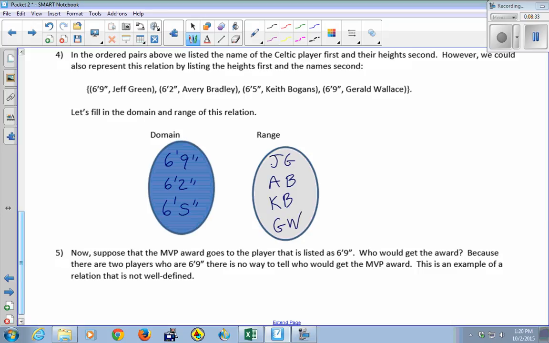Okay. And 6'9" goes with both Jeff Green and Gerald Wallace. So I can draw an arrow to Jeff Green and an arrow to Gerald Wallace. Okay. So when you do this pictorially, arrows always go from the domain to the range. And then 6'2" goes to Avery Bradley, and 6'5" goes to Keith Bogans.